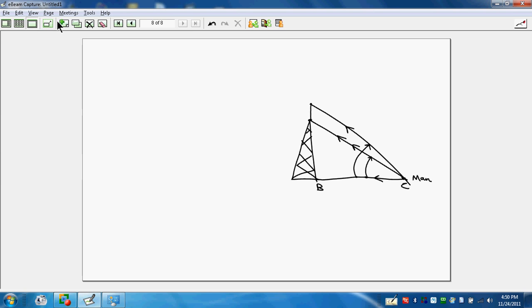Okay, so let's do a little labeling to make it a little clearer. This here is the aerial. This will be the top of the aerial here. And this here is the tower. Hopefully that will help you a little more.